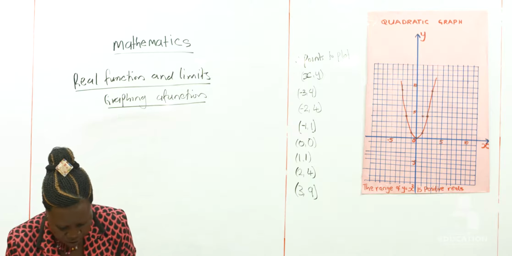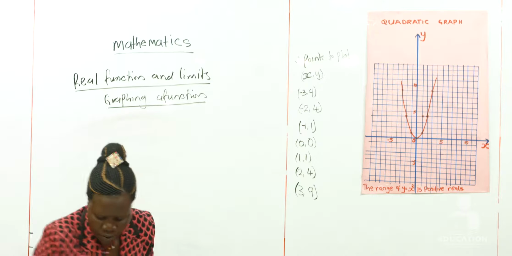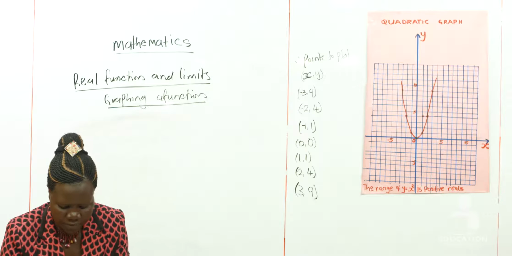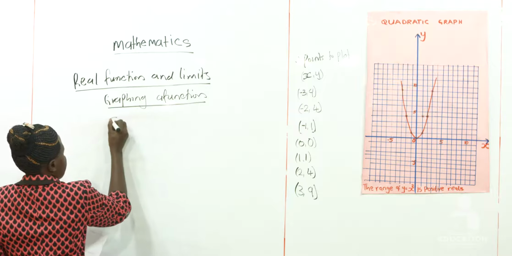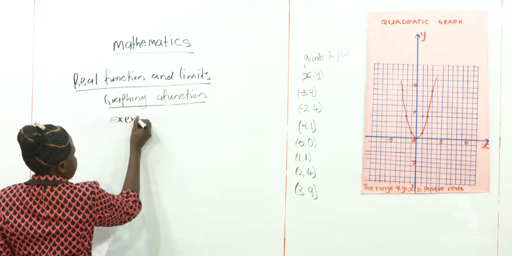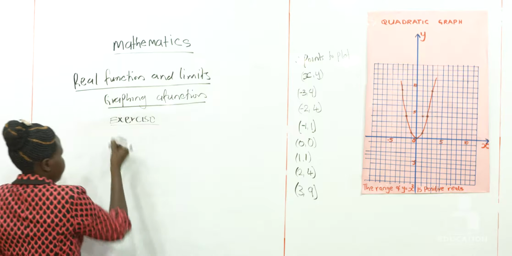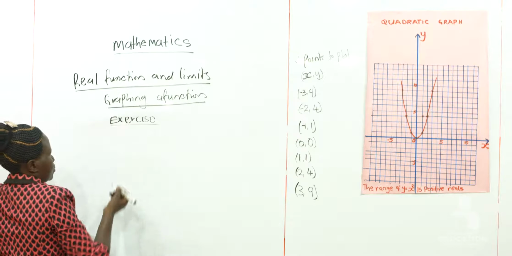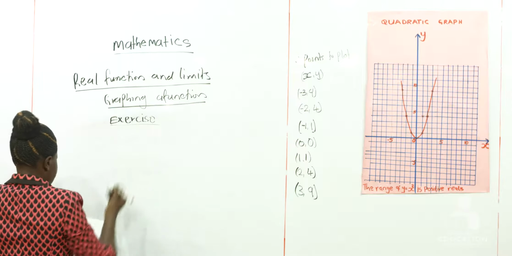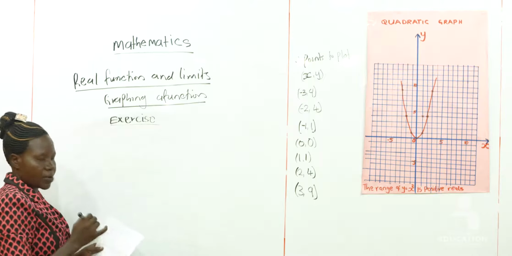So the question says, draw the graph of the following functions. So this is your exercise. It is combining the previous lesson and this. So you will identify from the functions given which function is this. Is it a linear or a quadratic?